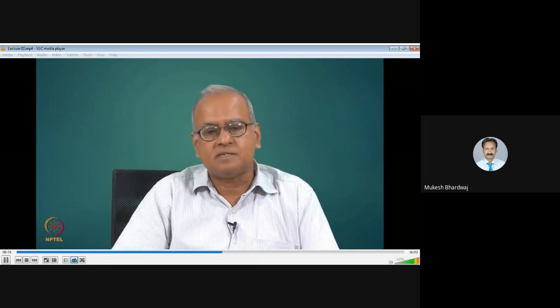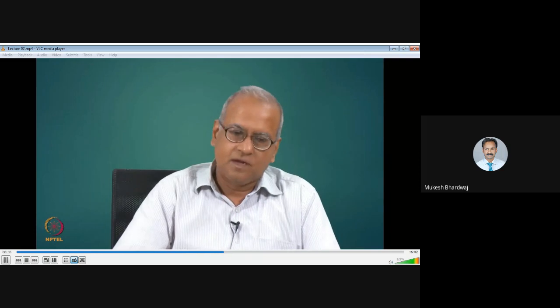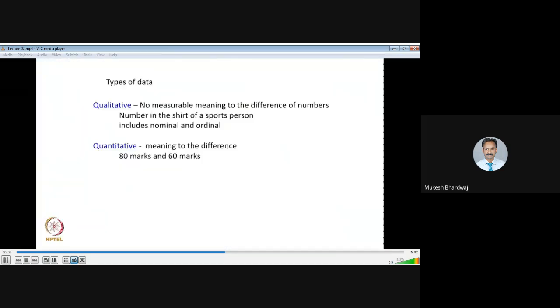In some other instance, one could say he scored twice the marks compared to the other. So within the quantitative, we have interval and ratio. Within the qualitative, we have nominal and ordinal. So there are four broad classifications of types of data: nominal data, ordinal data, interval data, and ratio data.